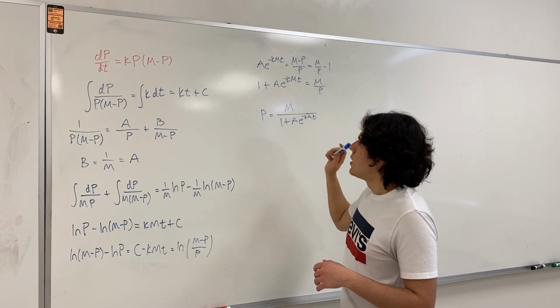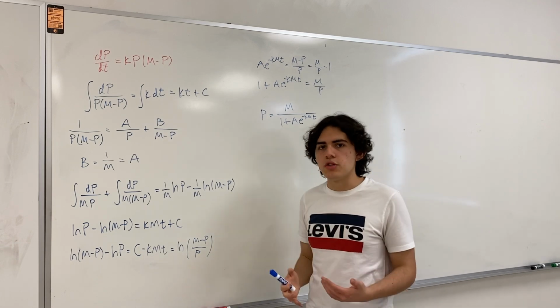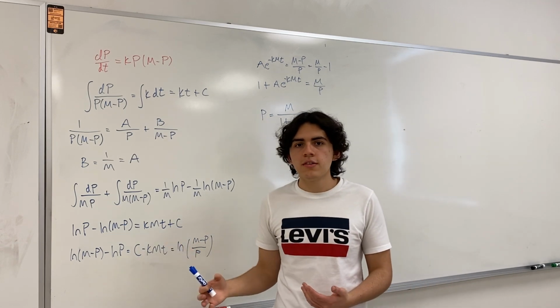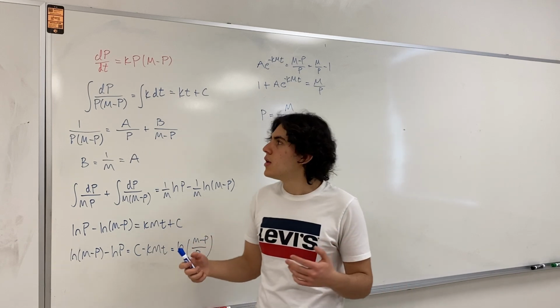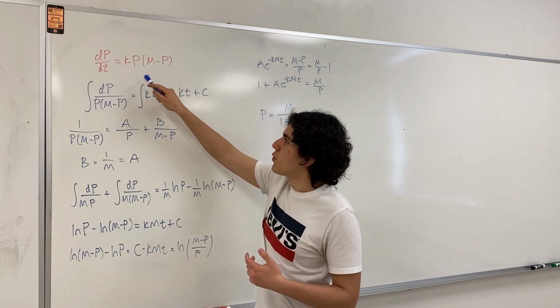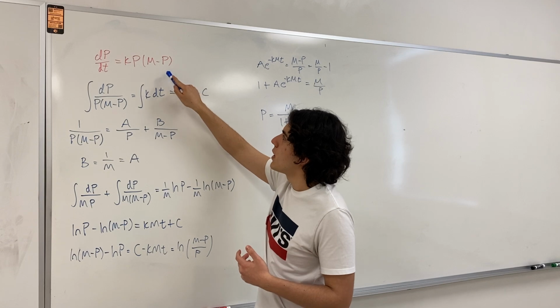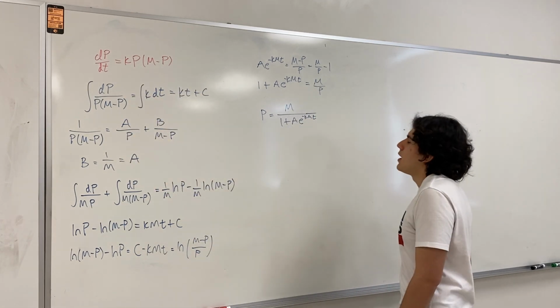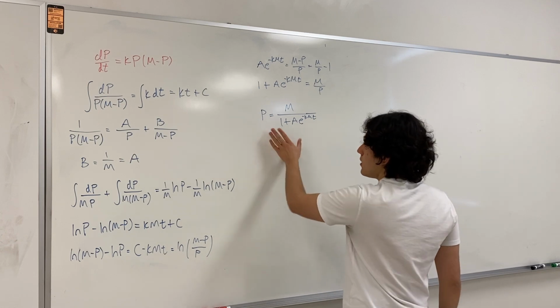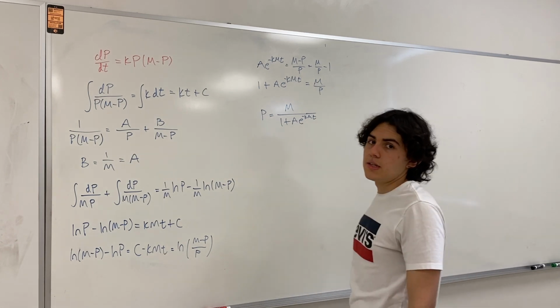We wanted a maximum for our population. As time progresses, we want our population to reach a maximum and stop changing. This is a function that has a 0 at p equals m, and that's why dp/dt is 0. That idea is consistent with the result that we just obtained.